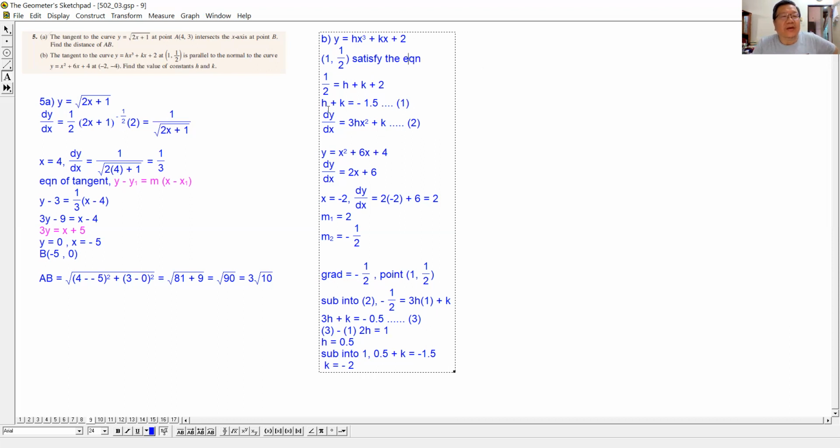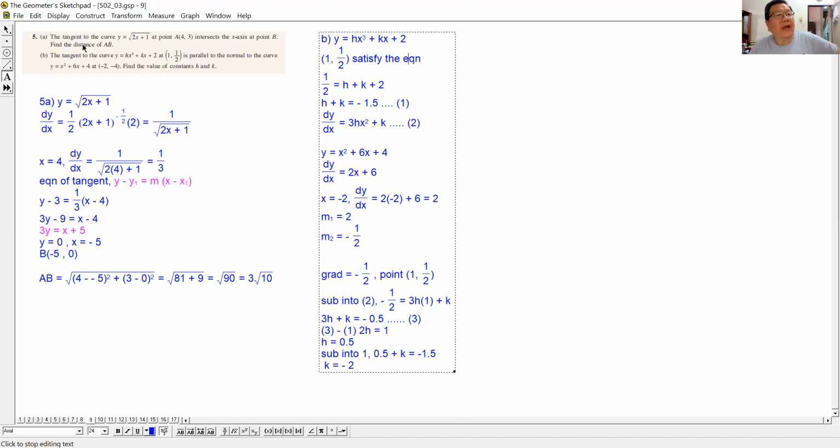Then I proceed to find the dy/dx from the same curve. dy/dx is 3hx squared plus k. These two things I just skip first. I go according to the question.